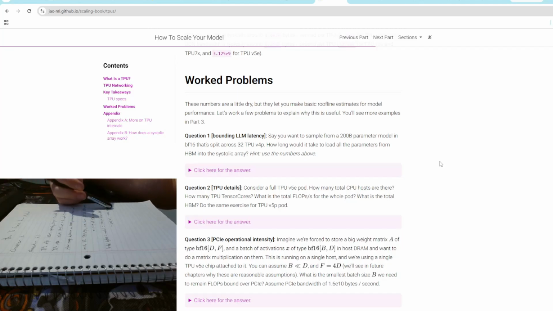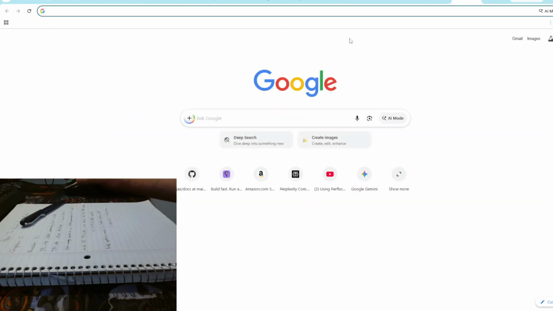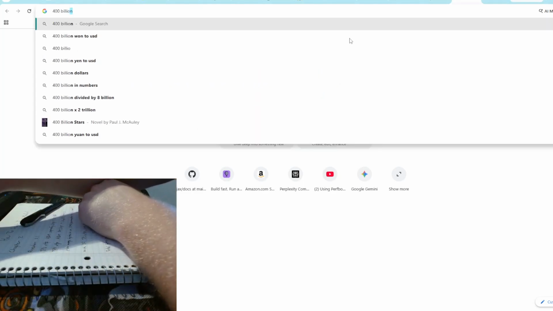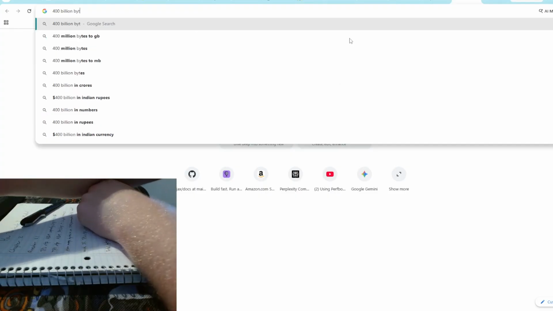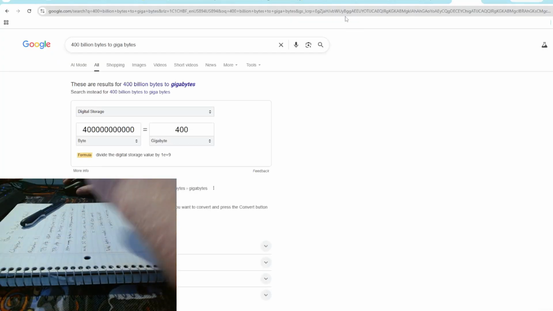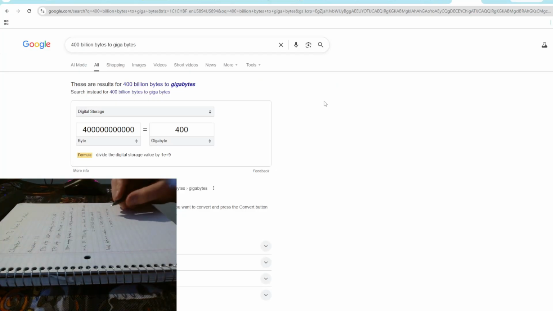So what does this mean for HBM capacity? Because obviously that's not enough bytes. 400 billion bytes to gigabytes. Let's just type that in and see what happens. It's 400 gigabytes. Oh, what the heck? Okay, never mind, I was wrong. Which equals 400 gigabytes.